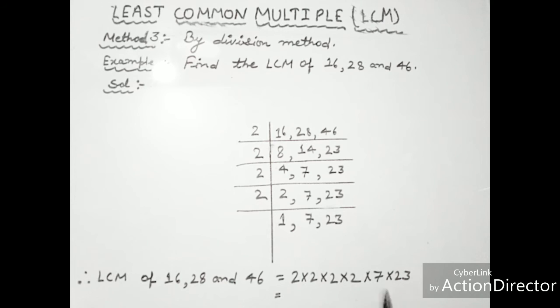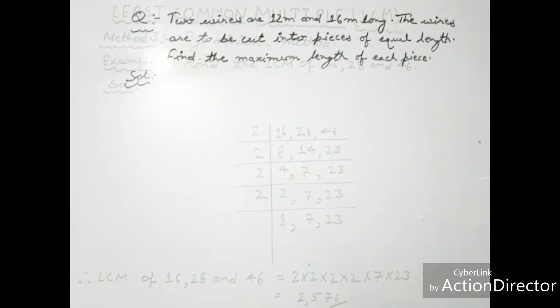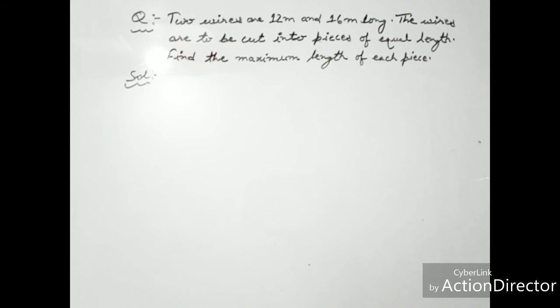When you multiply all these numbers, we get 2 2s are 4, 2 4s are 8, 2 8s are 16, 16 7s are 112. And when we multiply 112 by 23, we get 2576.